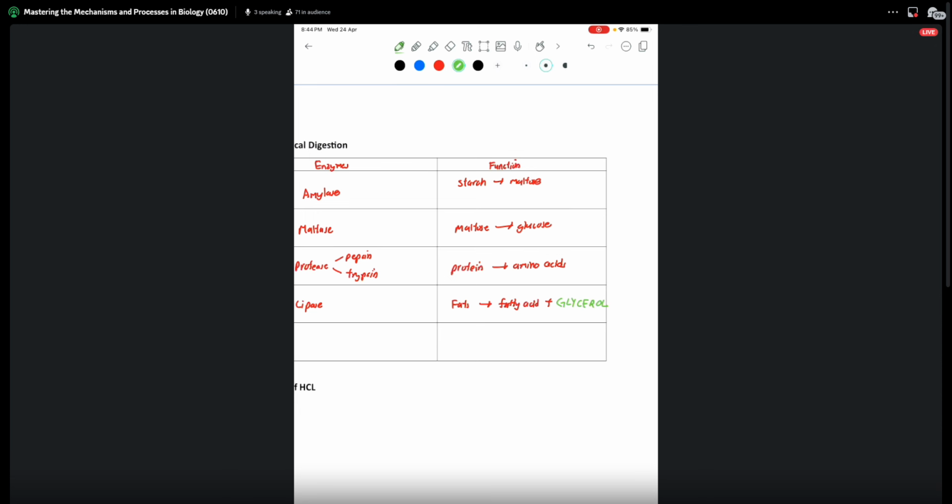Why does the body need trypsin and pepsin? Two different conditions. Because the body unfortunately cannot digest so much protein at once. So for example, when you go for a party, you eat the buffet, a lot of things in your stomach, right? Your stomach has a capacity.